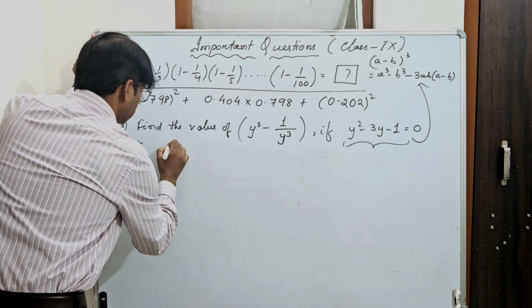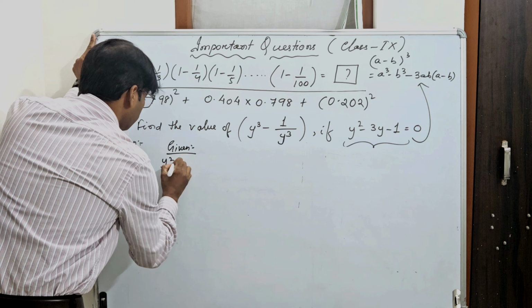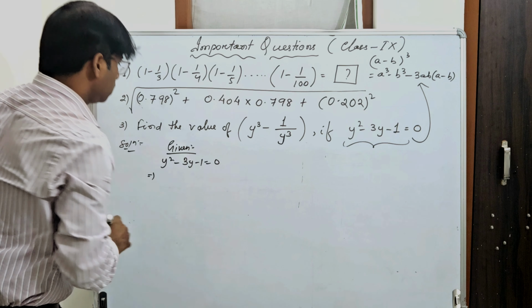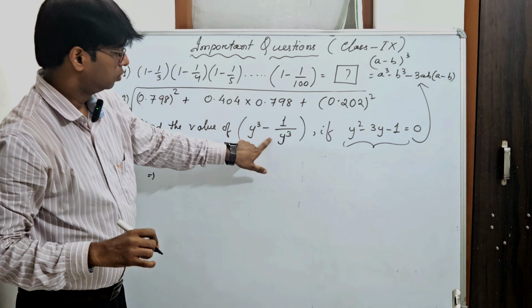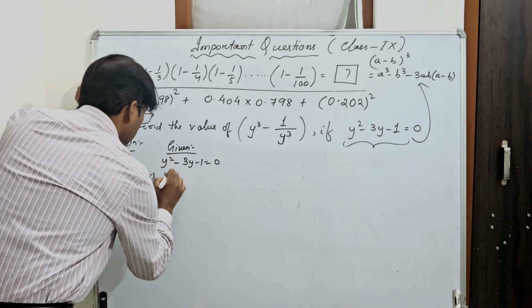So given is y² − 3y − 1 = 0. Now let us relate to this. For relating to this, I have to divide by y on both sides, LHS and RHS.